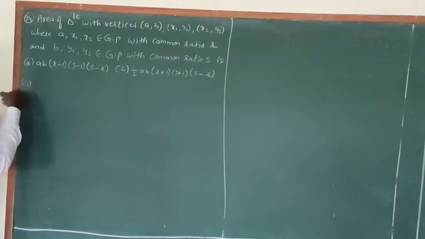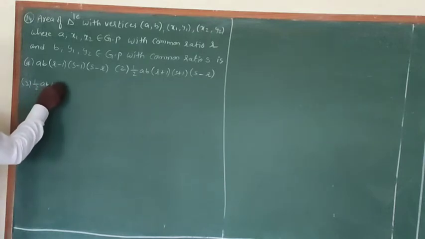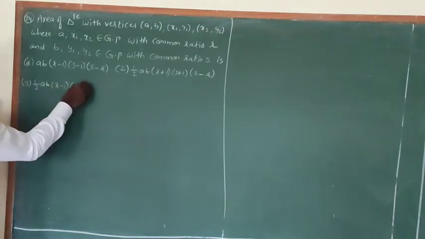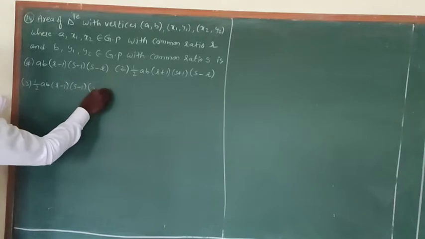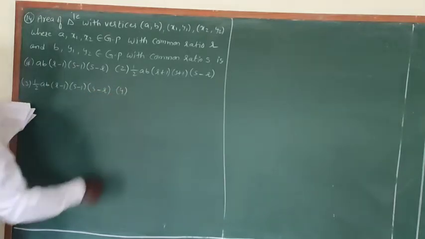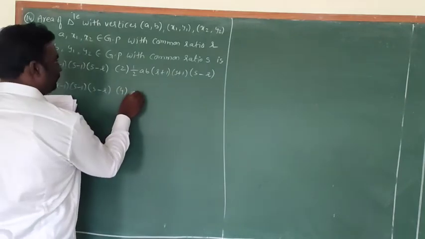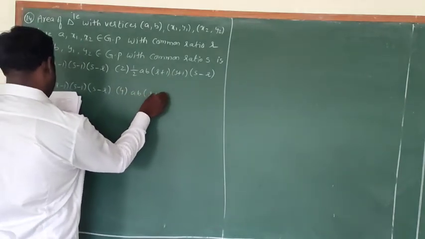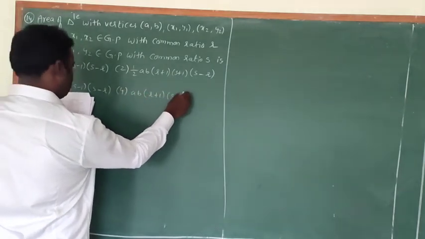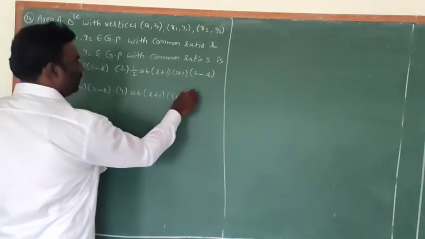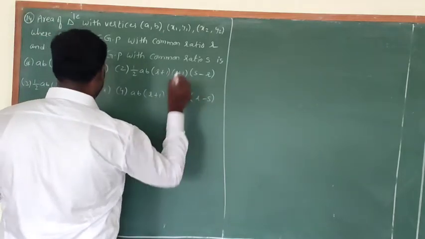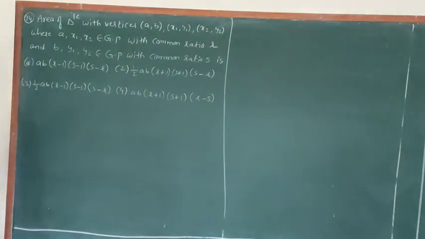Third option, AB into r minus 1 s minus 1 by s minus r. Fourth option, AB into r plus 1 s plus 1 by r minus s. Okay, solution.